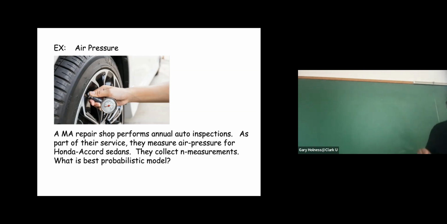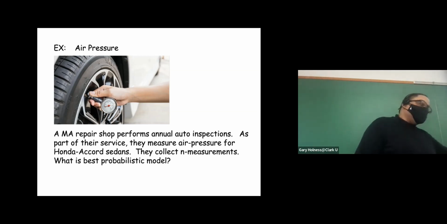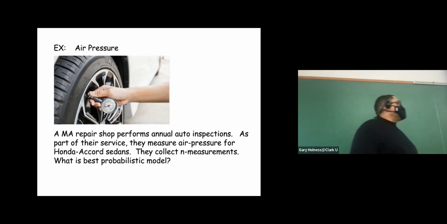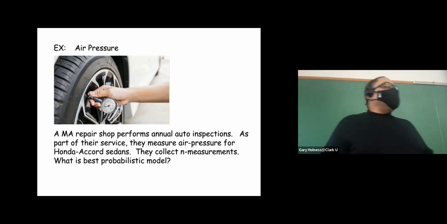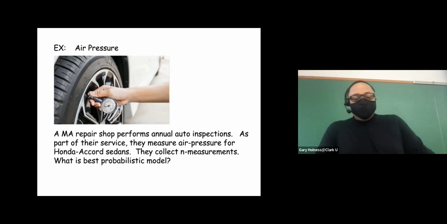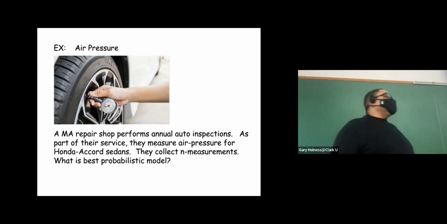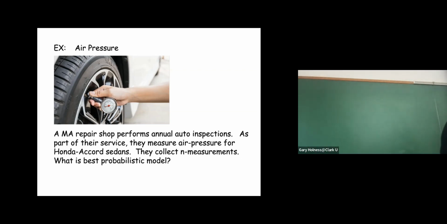If you were to measure it at intervals in time, the future pressure at the next instant is going to have a lot to do with the previous pressure. And so that's a normal distribution. It's a physical quantity, it's inertial, and so we would model this as a Gaussian or normal distribution. And then we could sample from it. We could ask questions, like what's the probability of the pressure being in this interval? All sorts of examples.